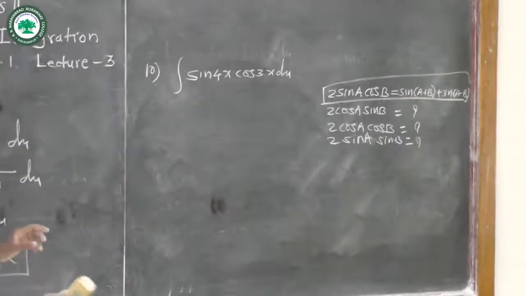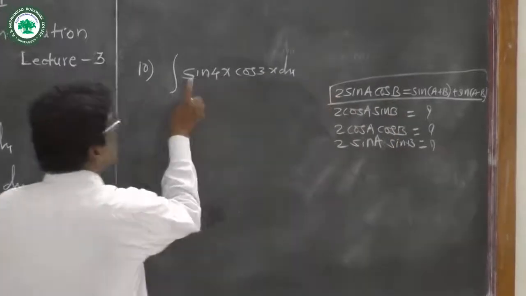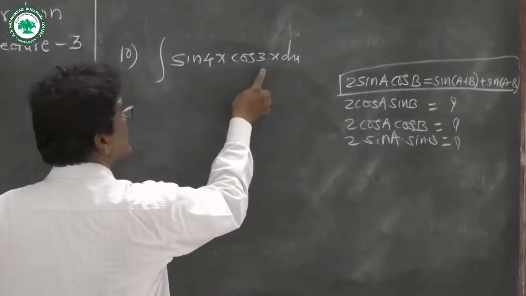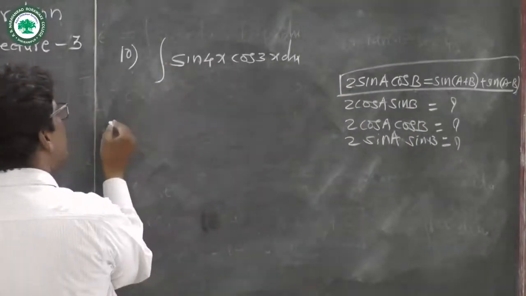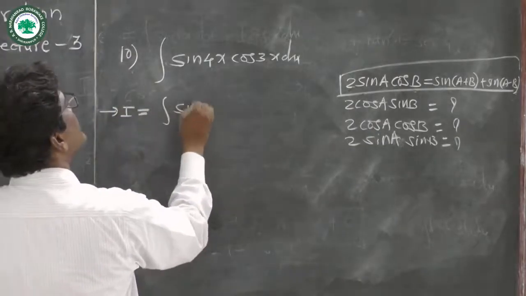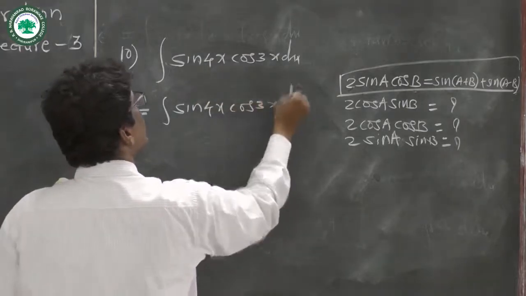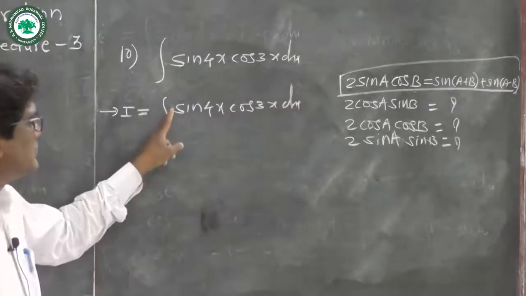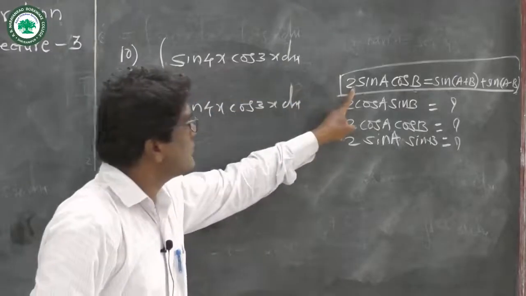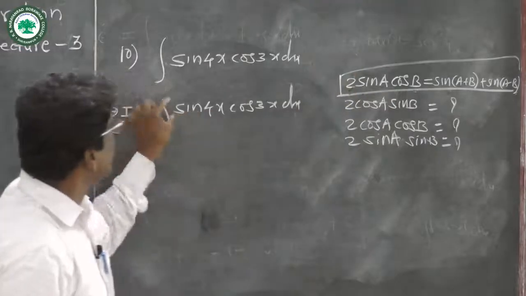Now we want 2 times sin a cos b, but here we have sin 4x cos 3x, so we require a 2. Firstly we write I is equal to integration of sin 4x cos 3x dx. Because the formula has 2 sin a cos b, we take a 2 here.